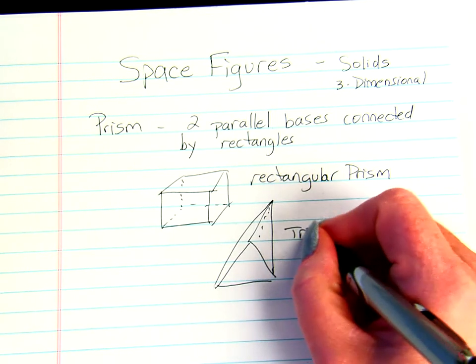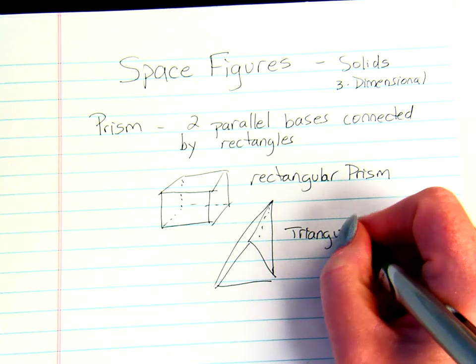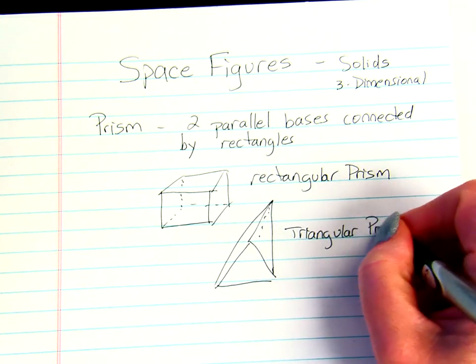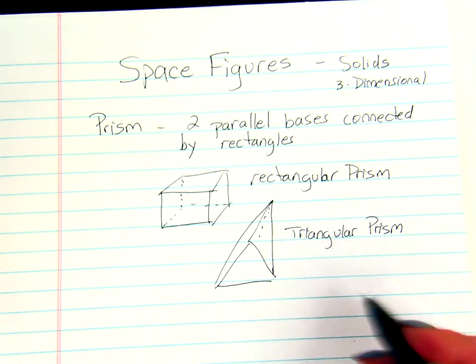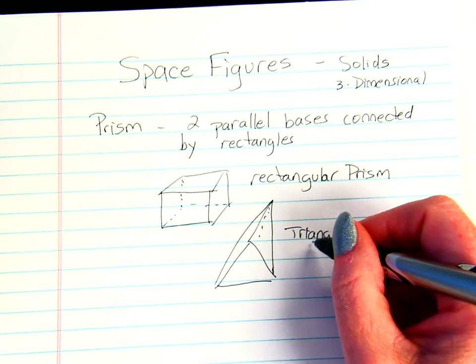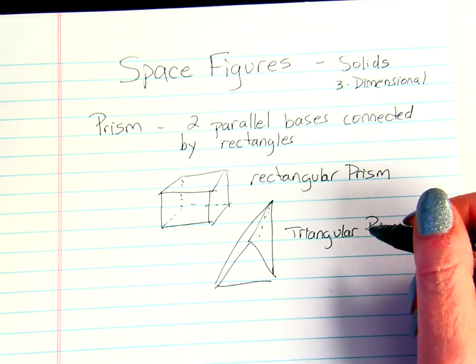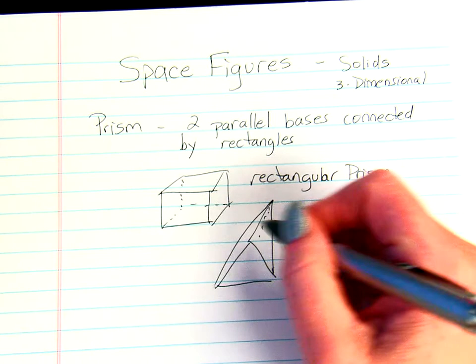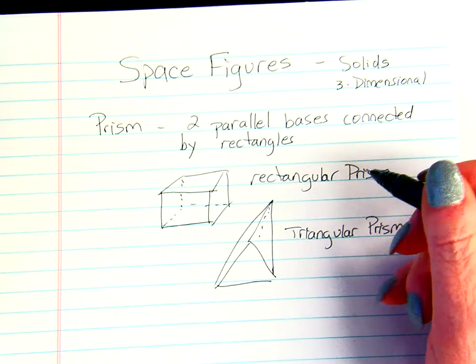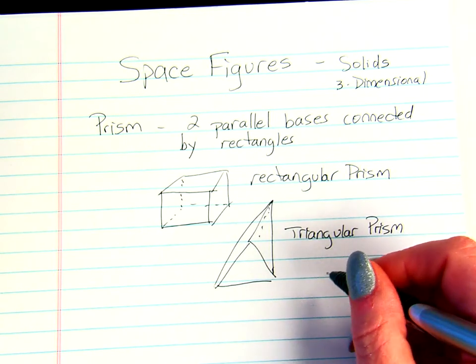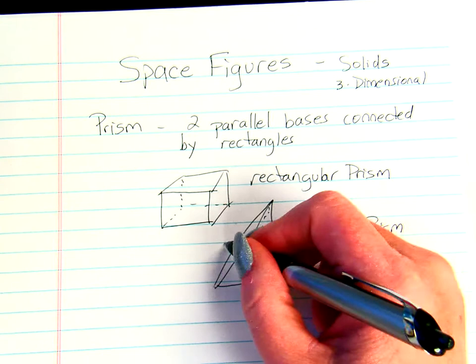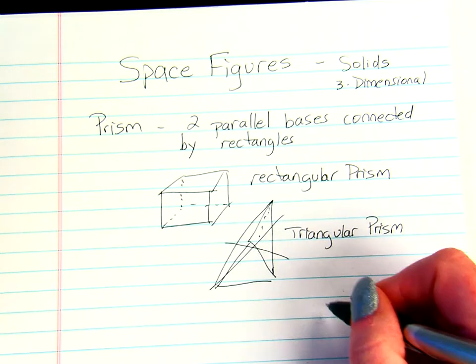This would be a triangular prism. So you always name it by, it didn't make that right at all because I needed a triangle up at the top. I really can't draw these triangle prisms very well. I'm going to try this again. Don't look at that one because that one's not good.